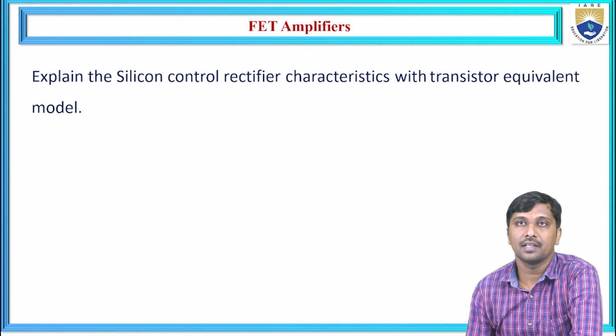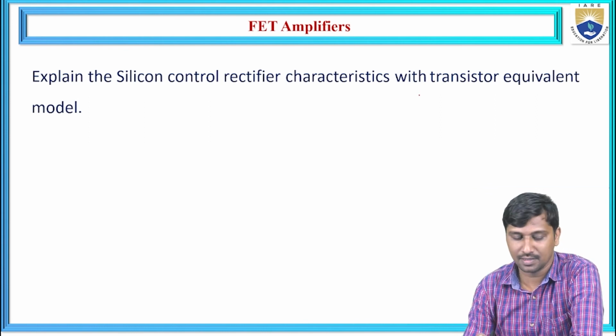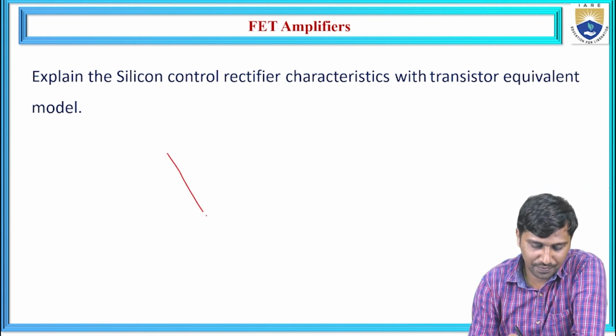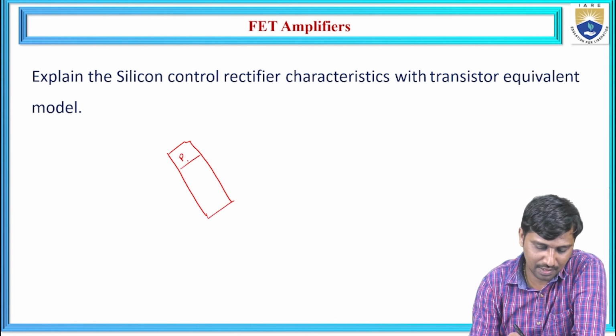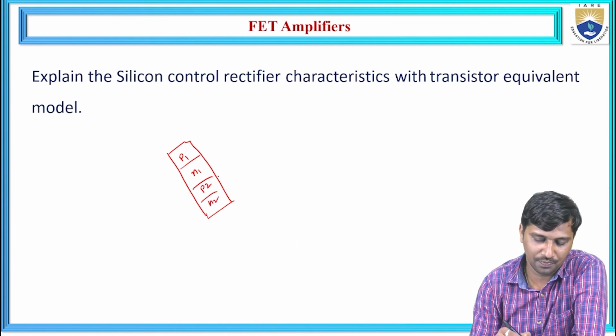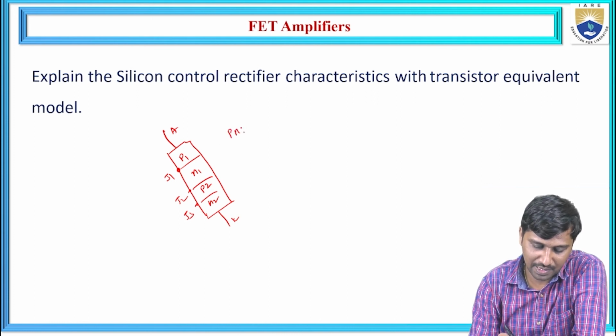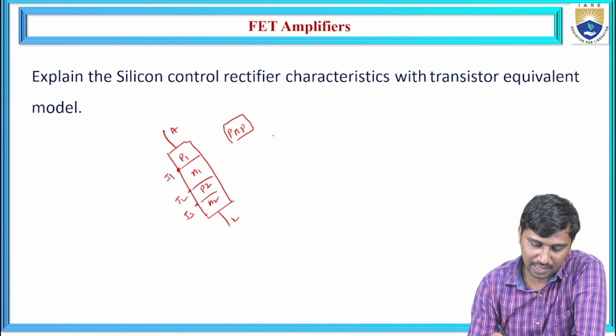Similarly, explain the silicon controlled rectifier characteristics with a transistor equivalent model. If you observe here, let us take the SCR internal structure represented as P1, N1, P2 and N2. Let us take these as junctions J1, J2 and J3. This is the anode. I'm converting this into one PNP transistor and one NPN transistor.